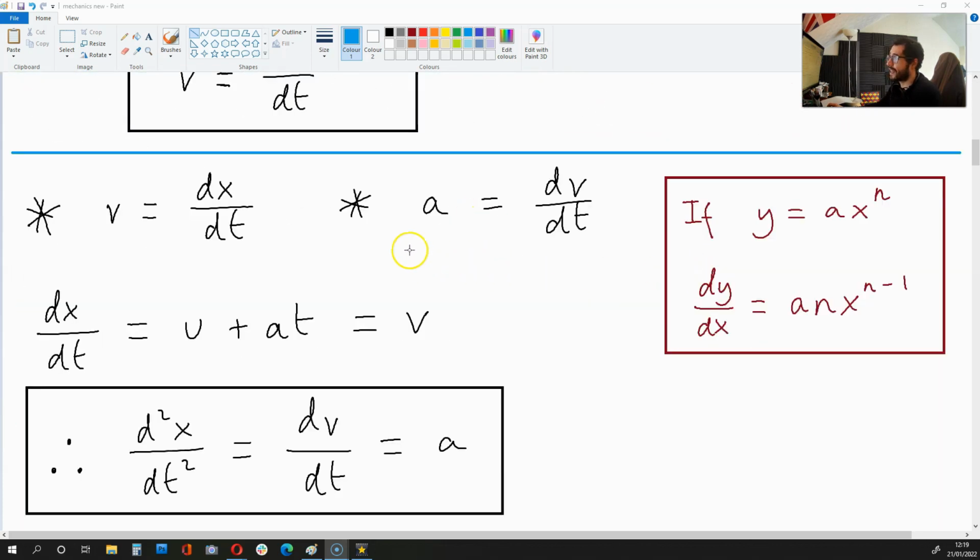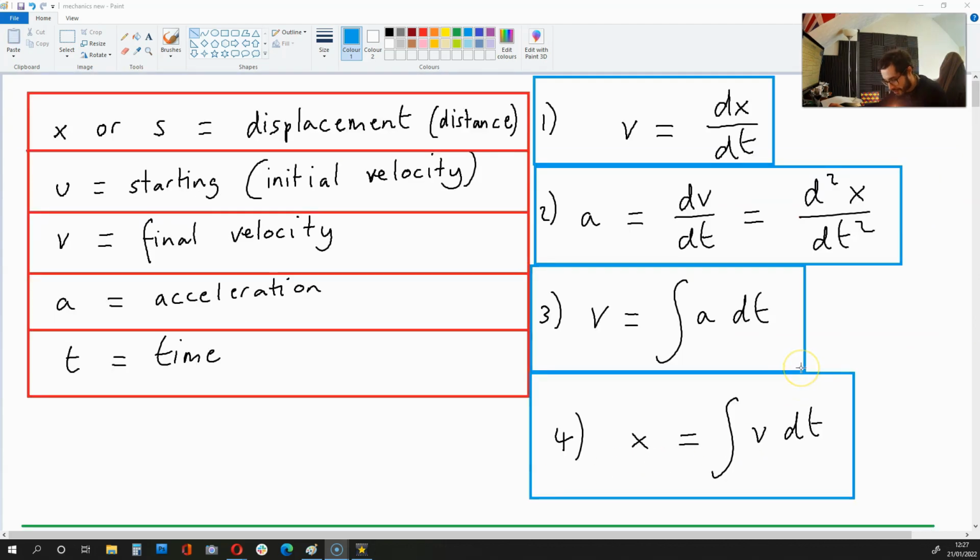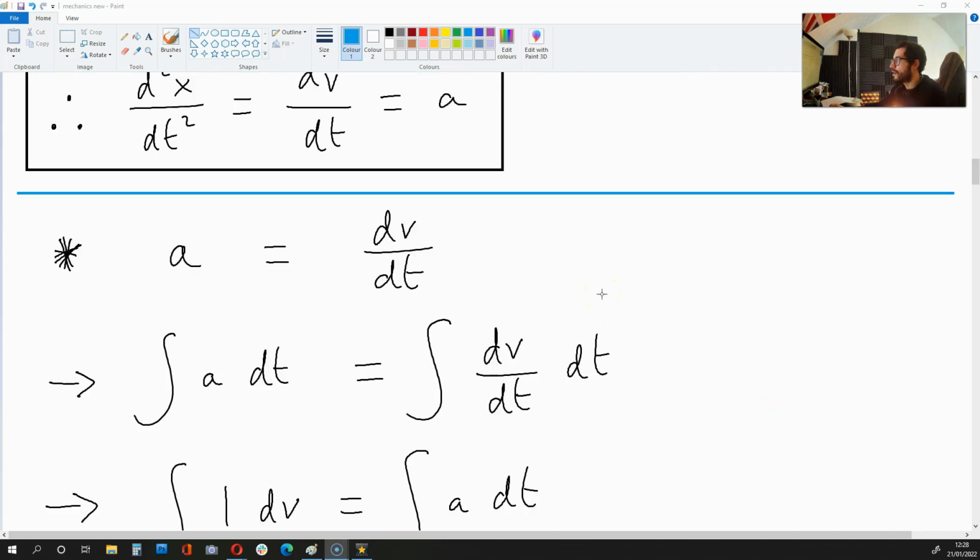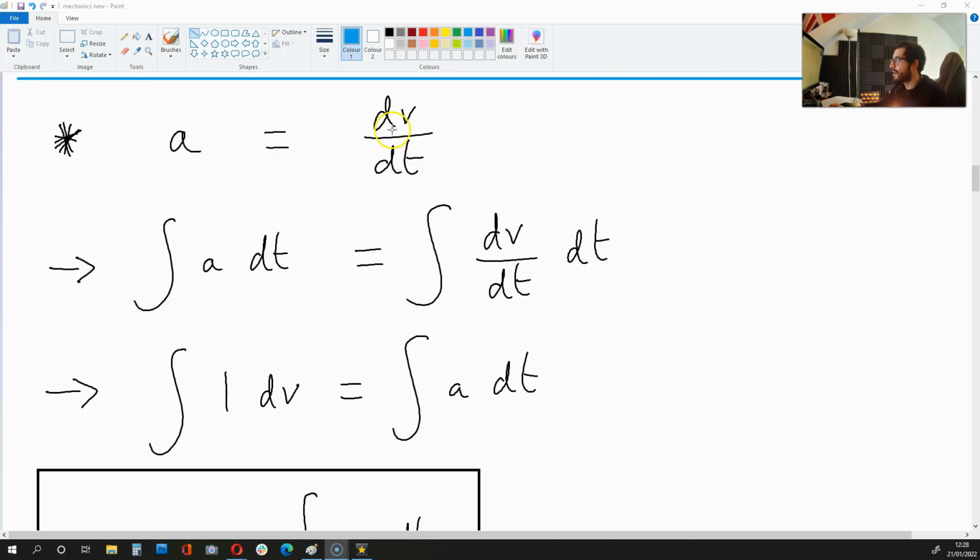This over here is fairly straightforward, and if you want to, you can use these differentiation rules over here to prove it yourself. Now let's show that to obtain the velocity from the acceleration, you integrate with respect to time. Over here we have a is dv over dt. If we integrate both sides of this equation with respect to time, we get this over here.